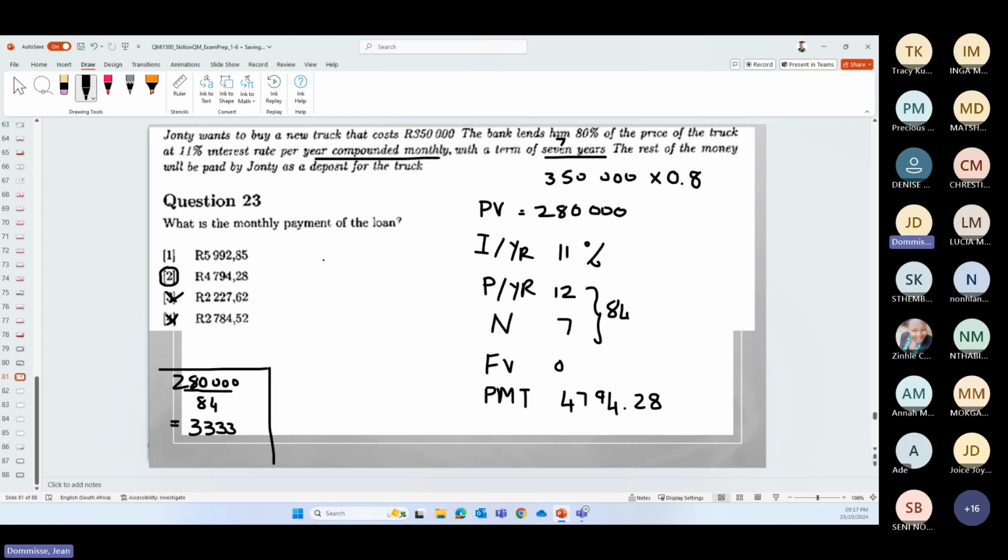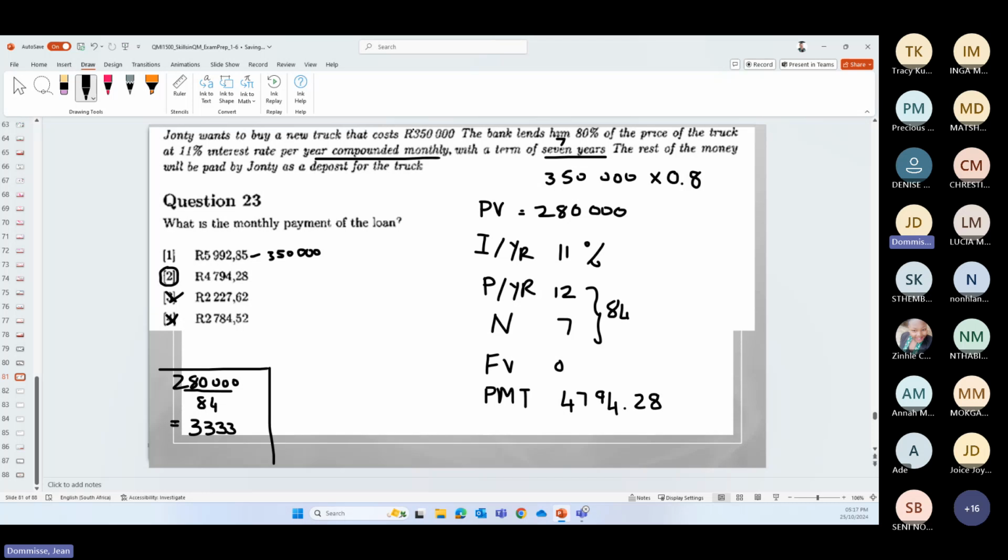Very similar. If you put in the 350,000 as your present value, then you get 5992.85. That would be for the whole 350,000, and you will get option 1. So it's important in this one to remember that we're not working from the 350,000.